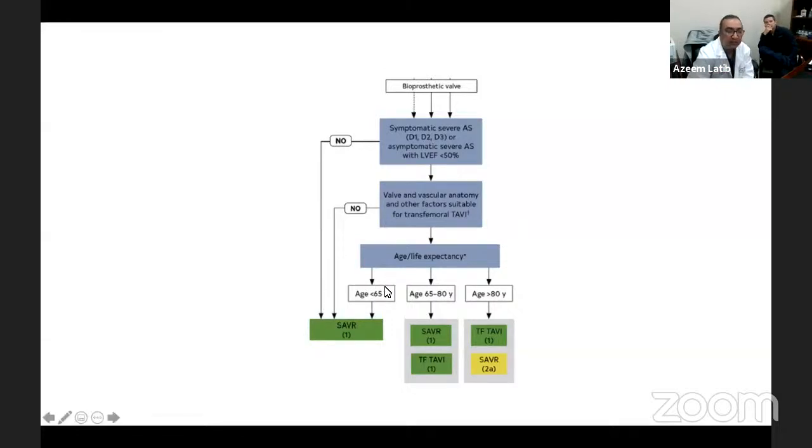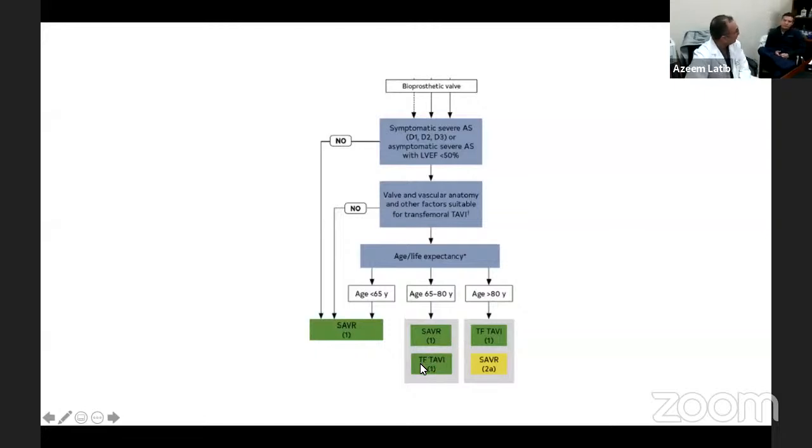So if they're less than 65, the guidelines suggest surgical AVR. If they're 65 to 80, the guidelines actually give a class 1 indication for both surgical AVR and TAVI. So it's really the heart team discussion that becomes extremely important as to what we should do. The other thing that's really important here is the fine print.